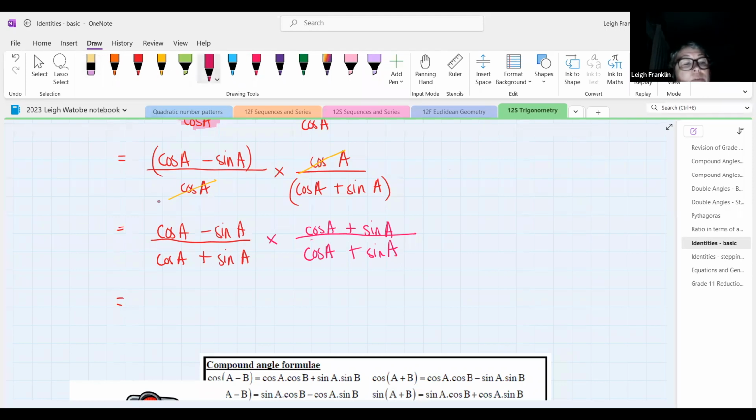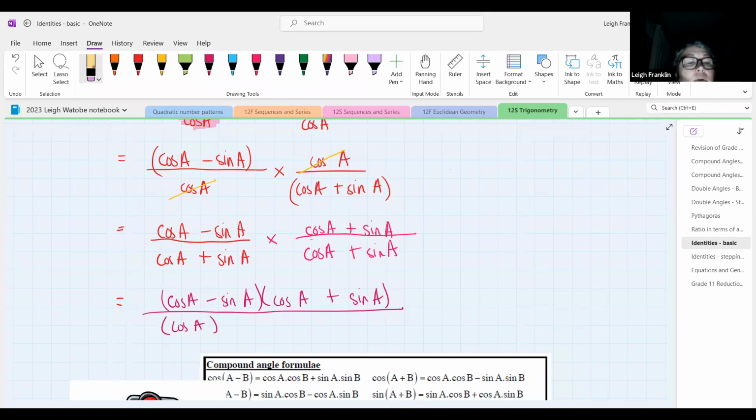So here we've now got cos a minus sine a multiplied with cos a plus sine a, and then at the bottom cos a plus sine a multiplied by itself.